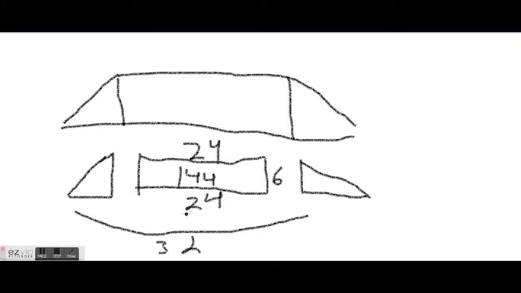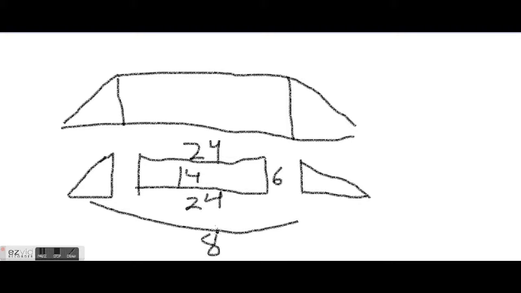So that means these 2 triangles have a length of 8 together. That means we need to divide 8 in half. So this will be 4, and this will be 4, because both of them together are 8. Does that make sense? And the height of each one is 6.